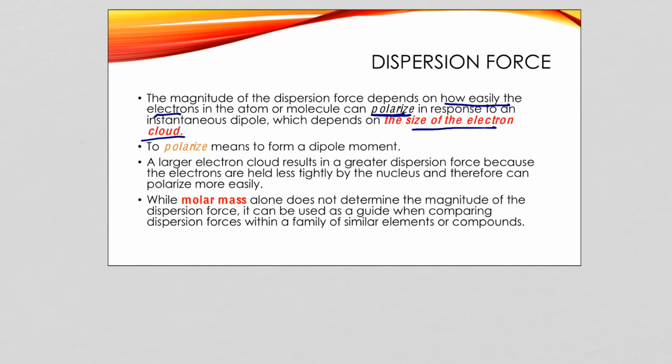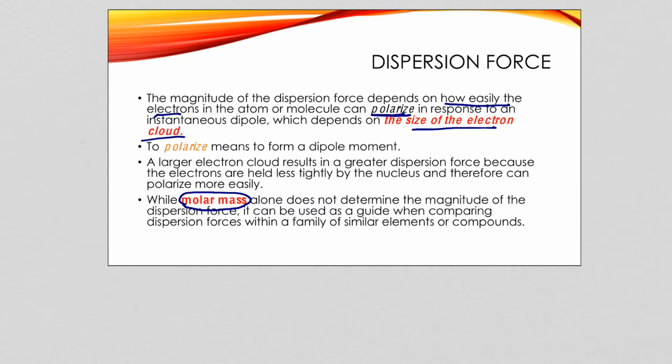So, one way that we can think about it is molar mass, right? Now, molar mass is not the only factor, but molar mass will track with larger electron clouds, because as we add mass, we're adding more electrons. More electrons means electrons are going to be further away from the nucleus, requiring bigger orbitals to hold them, which is going to create a bigger electron cloud.